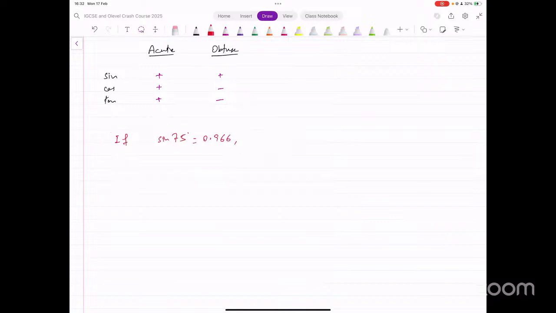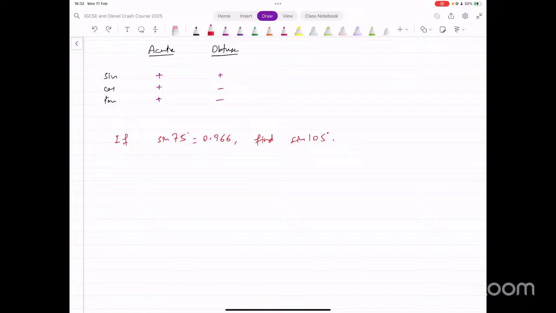They might tell you this, and then they might ask you to find sine of 105 degrees. Now, how can you do that? You're given sine of 75, and they're asking you to find sine of 105.